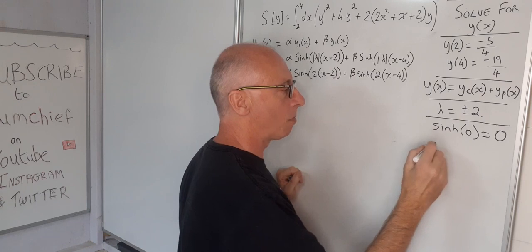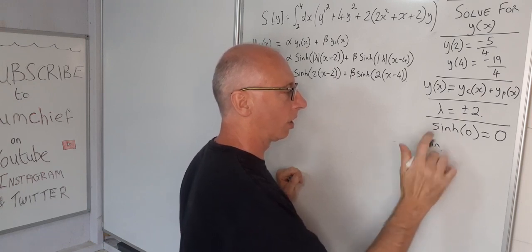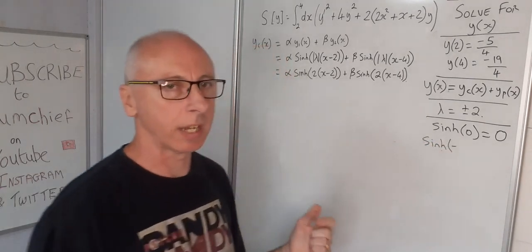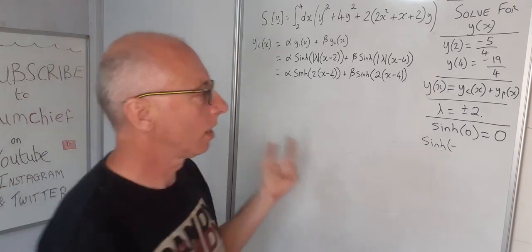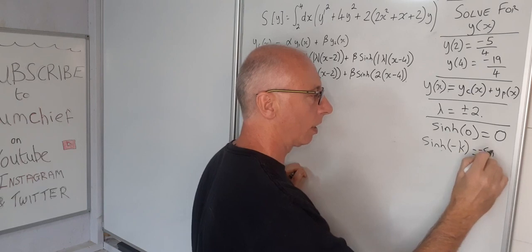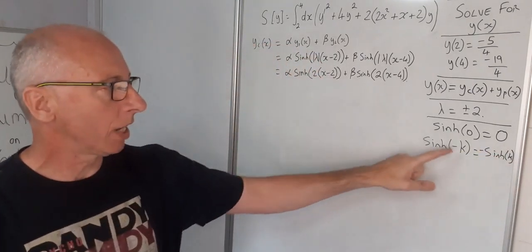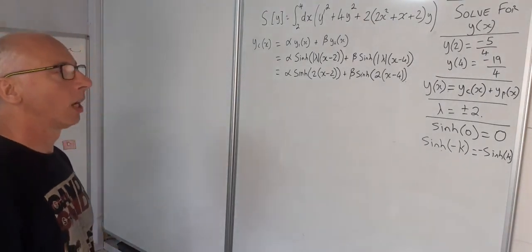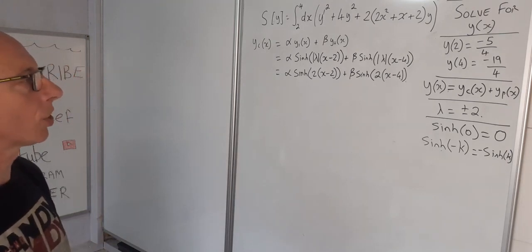The next one you may not know is that the sinh of a negative number, for example let's use k, sinh of minus k equals minus sinh of k. So this minus can come out, and that works for sinh. Okay, so that takes care of our complementary function.